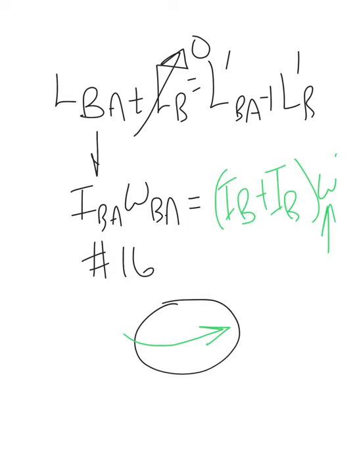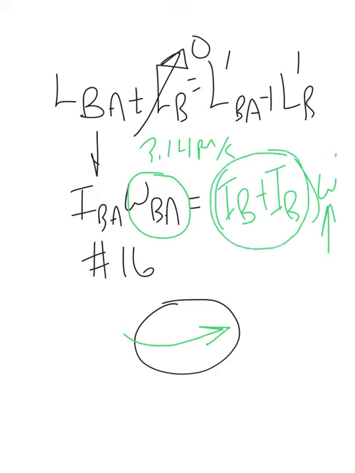Now, if you recall, this initial value over here was 3.14 radians per second. So if you think this through, I'm going to increase that moment of inertia, so to make all things balance out in the world, that new omega has to be smaller than 3.14.